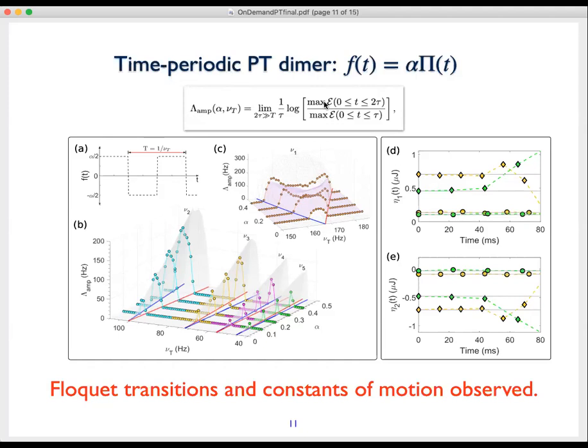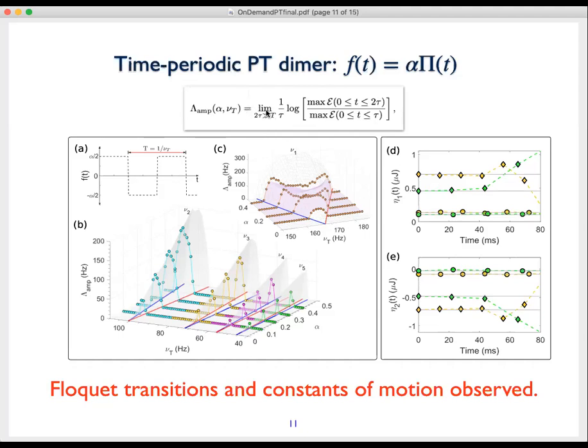On the other hand, if I have exponentially growing stuff, then this ratio would be some exponential number. And so this lambda, basically defined this way, becomes 0 in the PT symmetric phase. And it really shows the energy amplification factor, an effective amplification factor, in the PT broken phase.